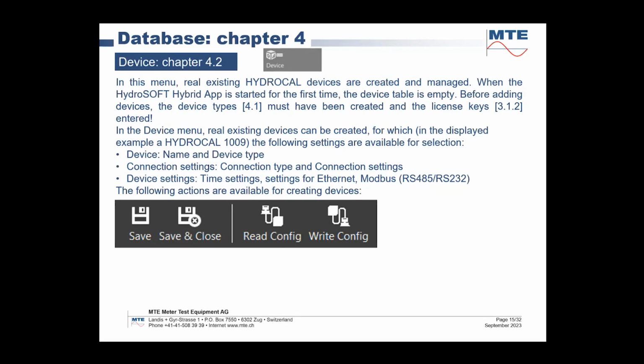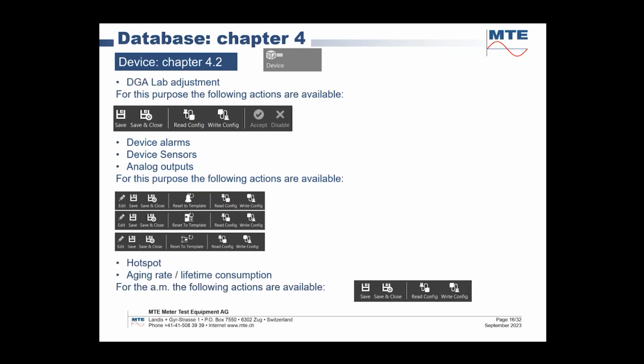In the device, you will see we are able to define all the settings for the connections and the communication ports. You are able to set date and time. You are also able to apply some DGA laboratory adjustments.